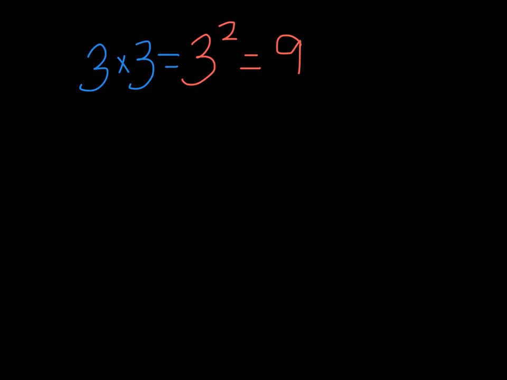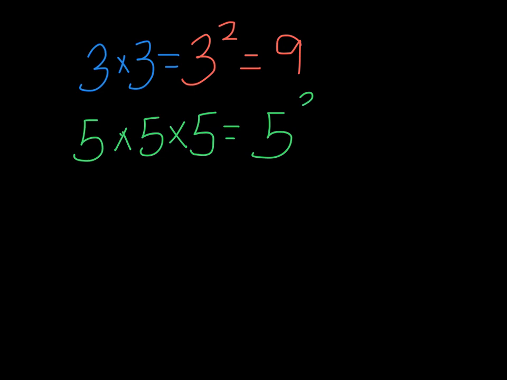Let's take a look at another example. We have 5 times 5 times 5, which equals 5 to the third power, which would equal 125, because we have 5 times 5 equals 25, so 25 times 5 would give us this 125.